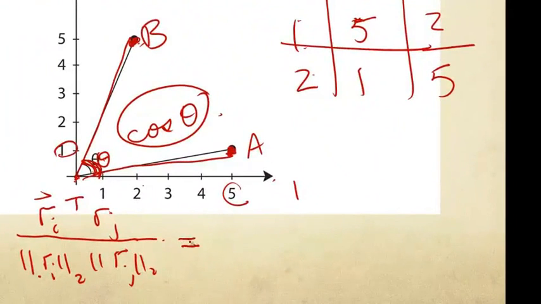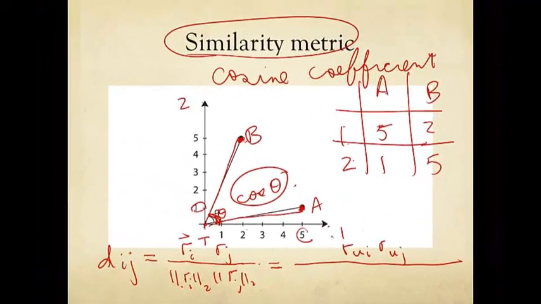And this in the longer form just means the sum of Rui times Ruj, summing over all the u's who have rated both movies i and j.